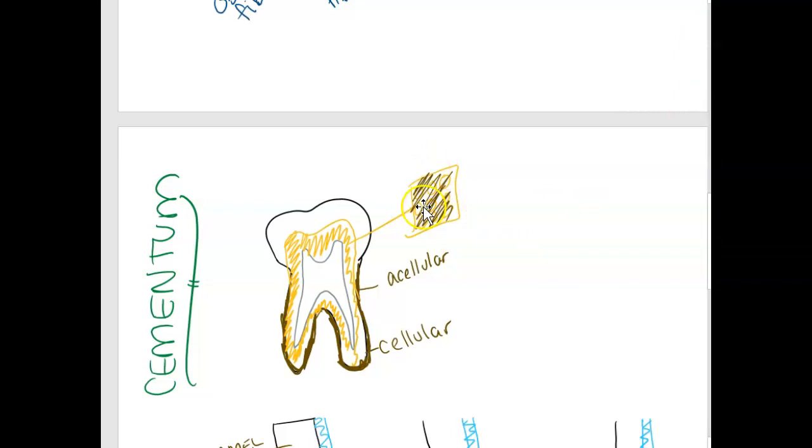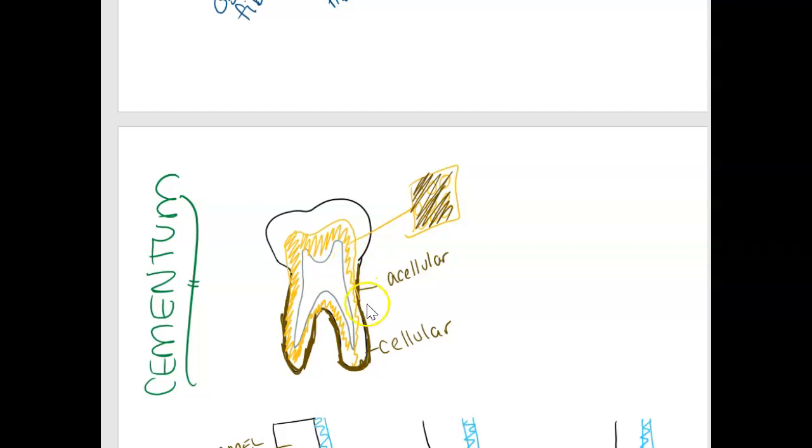Okay, so one of the things that is cool about cementum is that it covers those dentinal tubules. Now, when we are debriding or instrumenting our clients, one thing that can happen is as we're scaling or debriding away, we can remove cementum, and when we remove cementum, now the dentin is exposed. So now we might feel sensitivity.